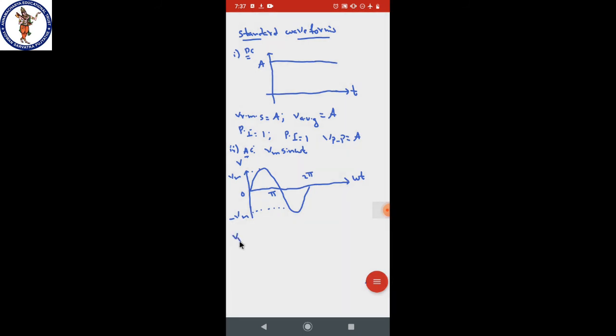First of all, what is the RMS value of the circuit? Vrms equal to, for the AC value, Vm by root 2. What is the average value of the circuit? V average for the full cycle will be 0.